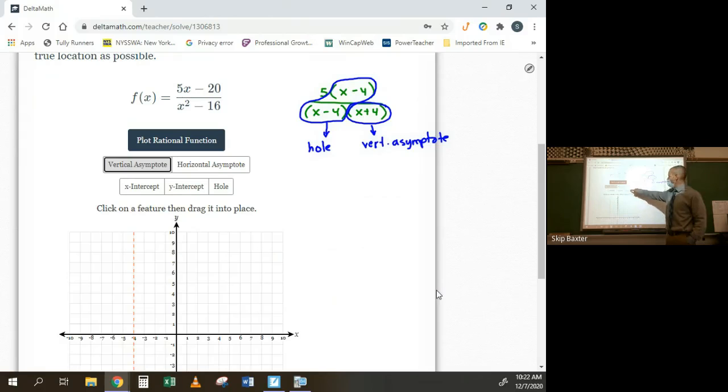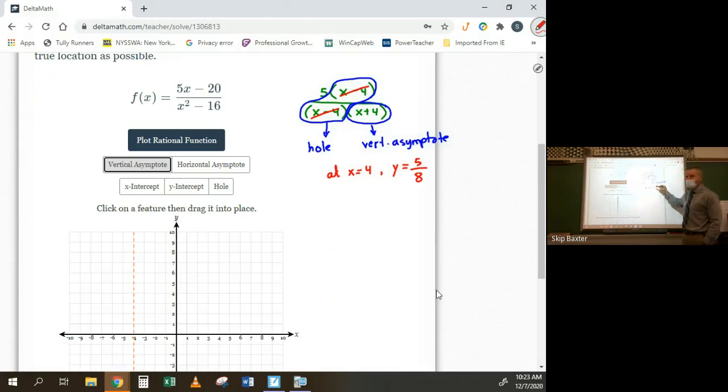To take care of the hole, remember you need an x-coordinate and a y-coordinate. The x-coordinate is 4. How do you find the y-coordinate? Yeah, you plug it in after you cancel these out. So if you substitute in 4, at x equals 4, the y-coordinate would equal 5/8.